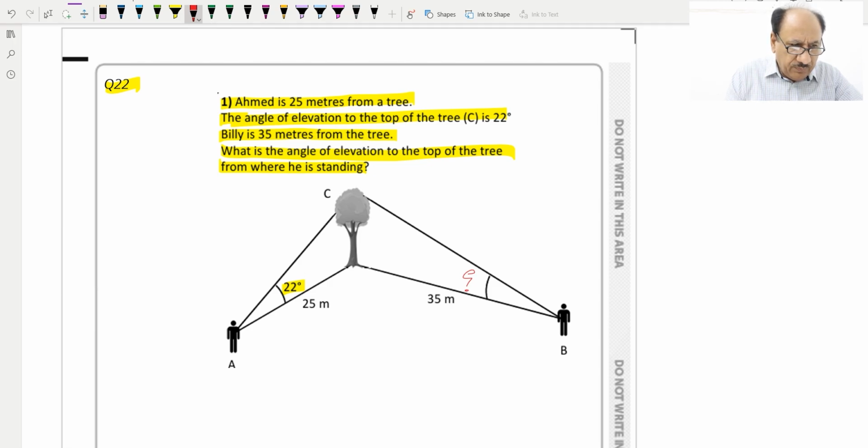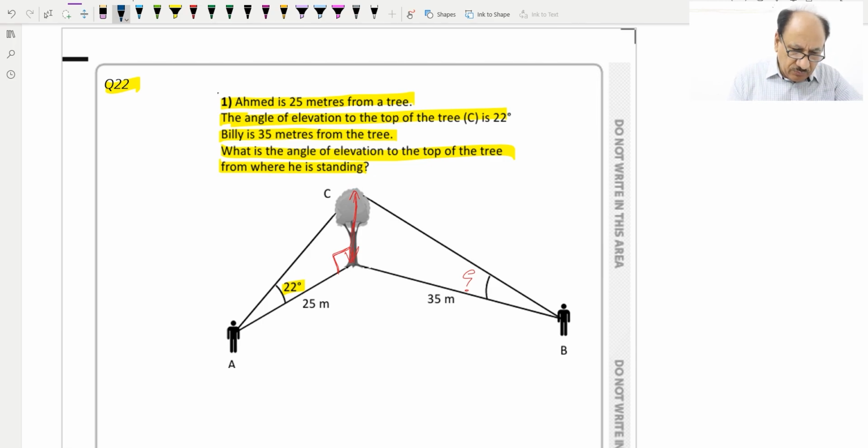So how will we do this question? First we can find this side, which is basically the height of this tree. We know this is a right angle triangle, and we can apply trigonometry.